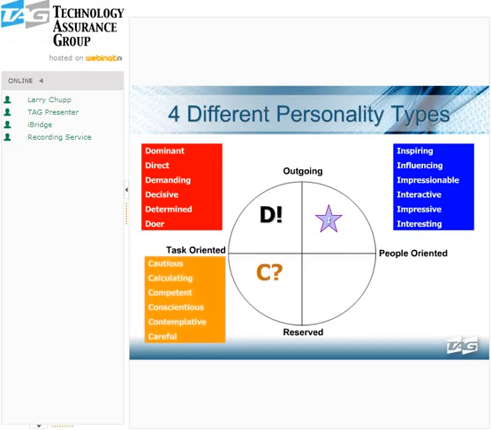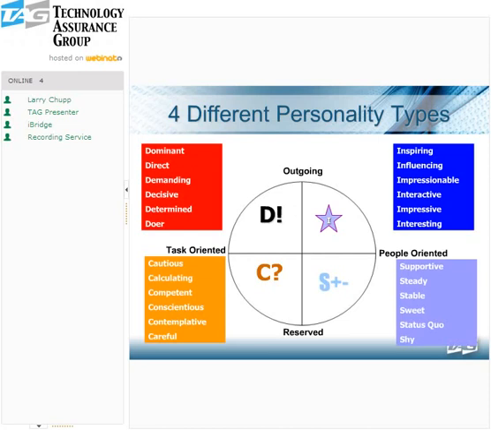C is the detail side, the cautious one, who wants everything going exactly perfect: T's crossed three times and I's dotted three times. And then we have the S, which is also a people-oriented side, but is more quiet. A real high S is more the shy type.